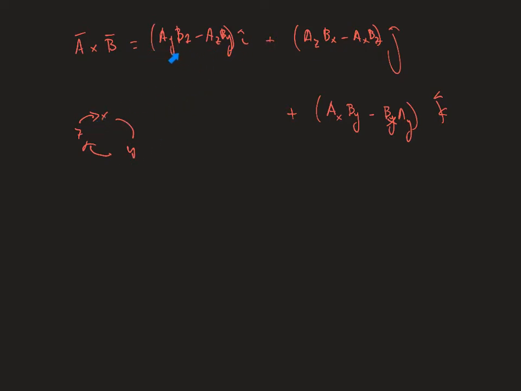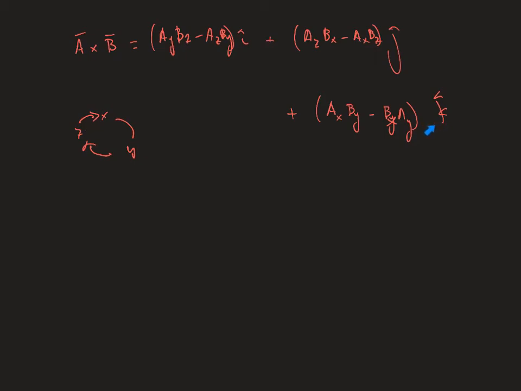For example, if I want to find the x component, I will go to the y: AyBz minus AzBy. If I go to the j component, that is the y, so I start with the next one, z: AzBx minus AxBz.